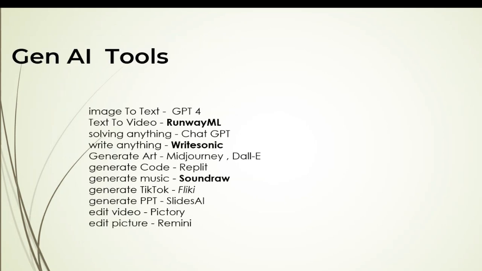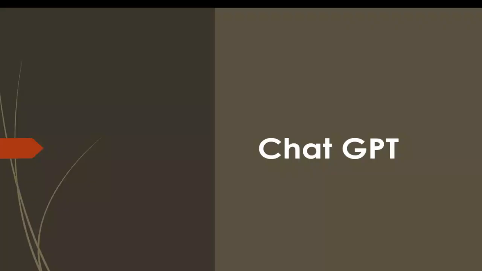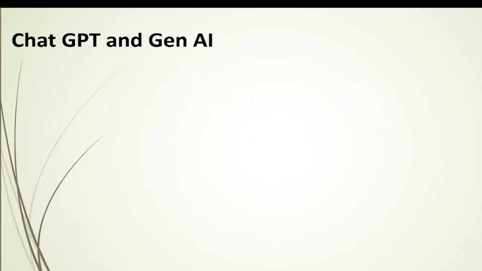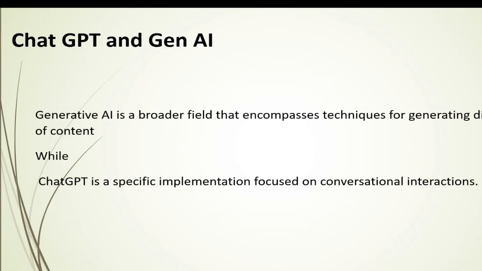We talked about some popular GenAI tools that are used throughout the world and available in the market. We moved with ChatGPT. We saw how we can use prompts with ChatGPT. We talked about the difference between ChatGPT and GenAI. Both are deep learning models.